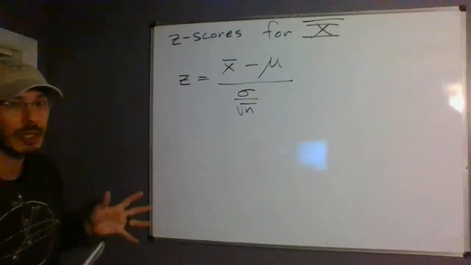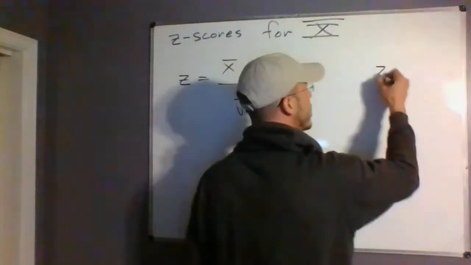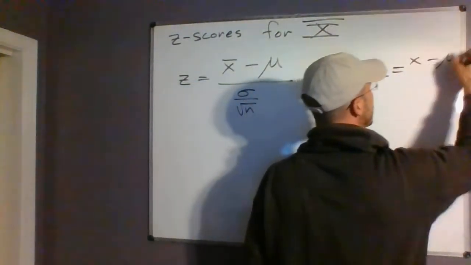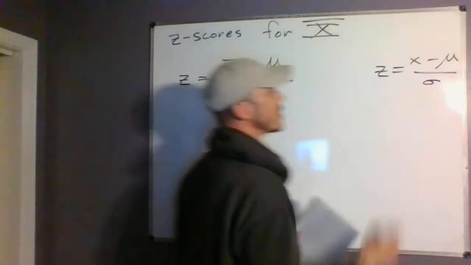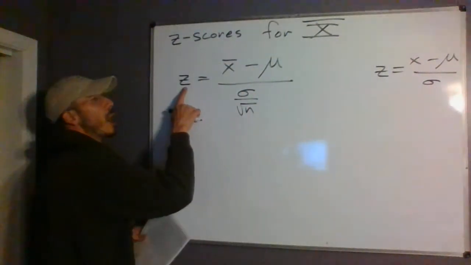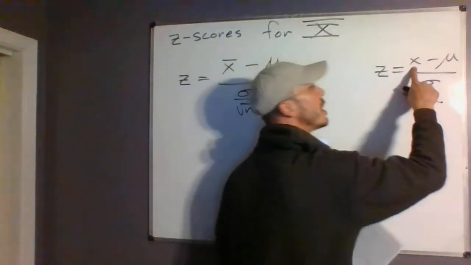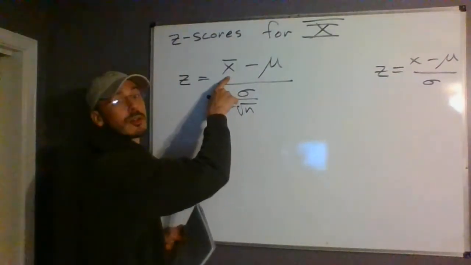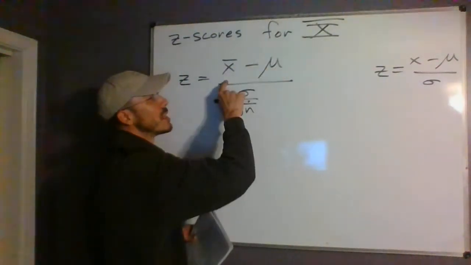It looks like a complicated formula, but it's really just z equals x minus mu over sigma, the z-score thing that we've done before. Here, though, I'm not looking at an x value, I'm looking at an x bar value, because we're talking about distribution of sample means.